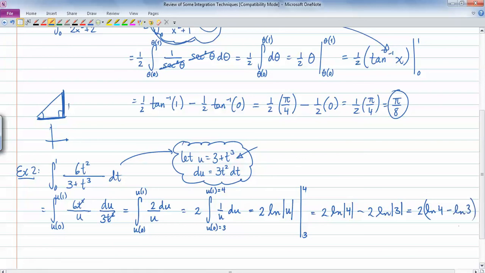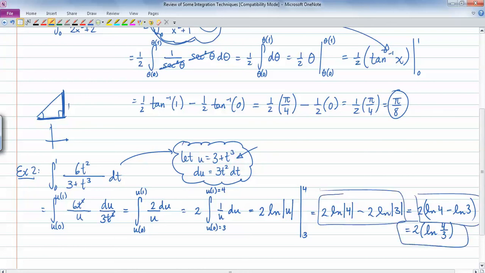I think you might remember the property that ln of a minus ln of b turns into ln of a over b. You could even bring that 2 up and then square the 4/3 if you wanted to. But at this point, I think that's totally fine, leaving it like this. I'd accept this answer. I'd probably even take that answer. And odds are I'd ask you to turn it into a decimal and round to 3 places anyway. So, okay. So that's example 2.